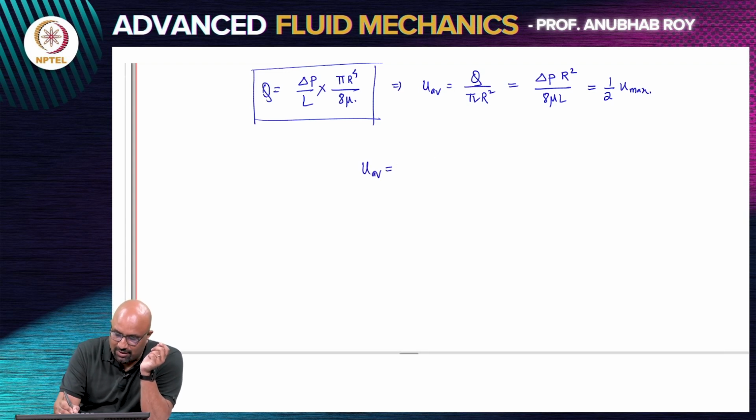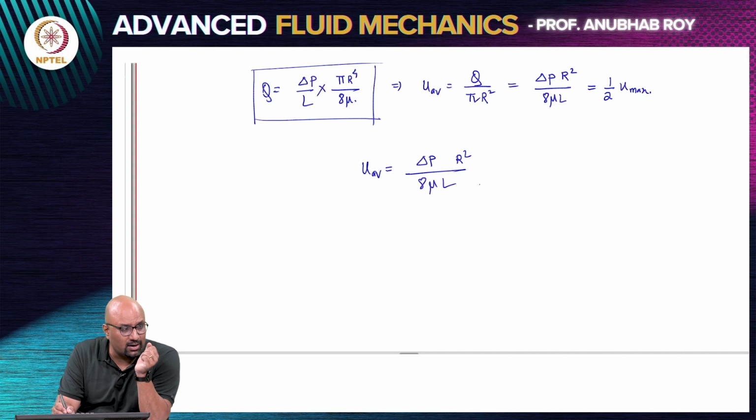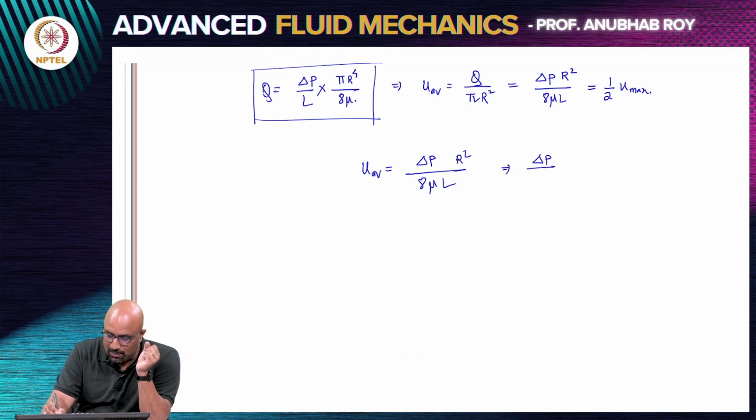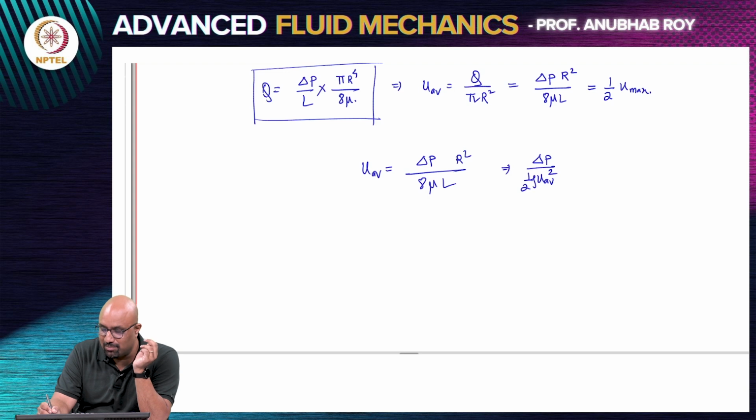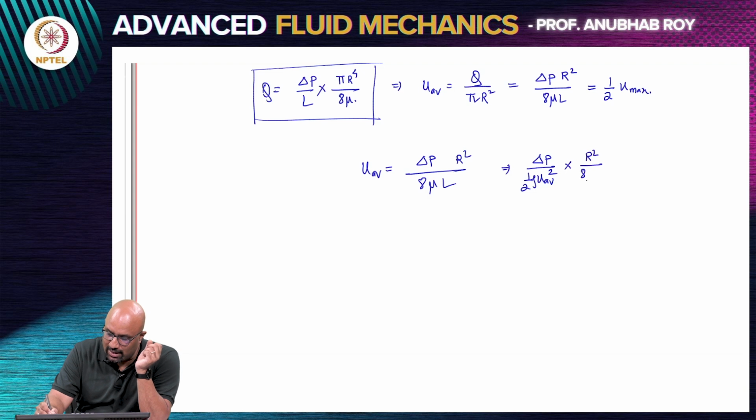So, you have u average is del p R square by 8 mu L. We will take an approach very similar to how we did it in the channel flow problem. So, we will start grouping terms. Let us write this as del p by half rho u average square, that is a scale of pressure, then R square by 8 mu L into half rho u average square is equal to u average.